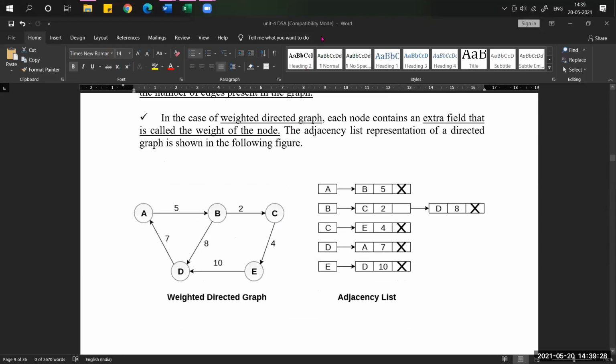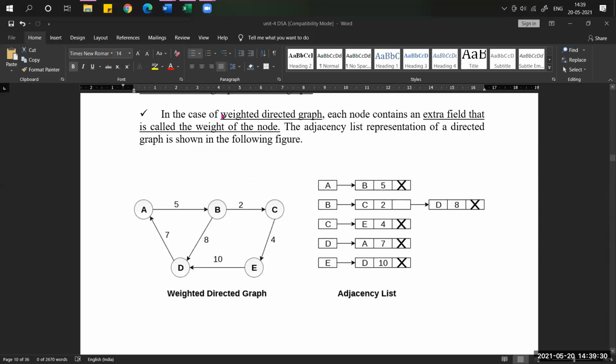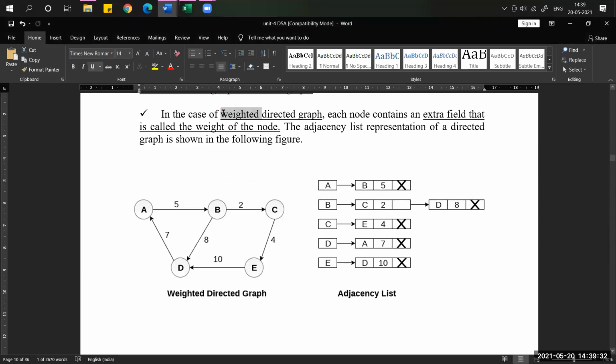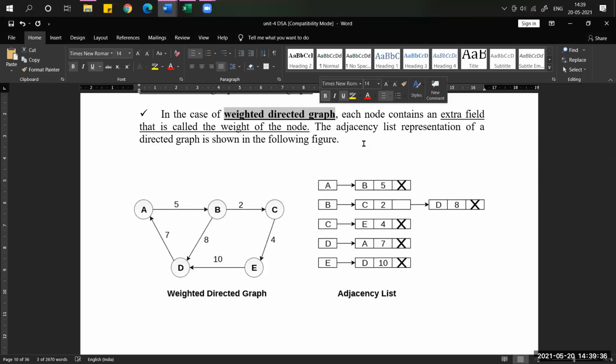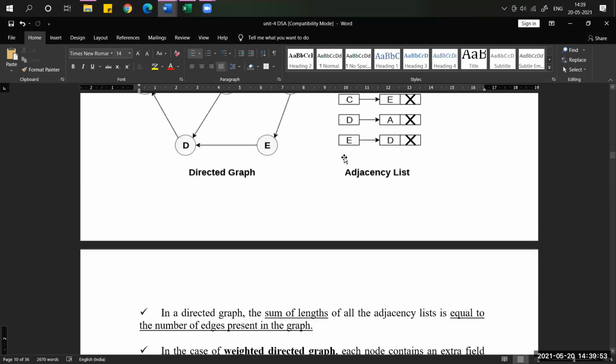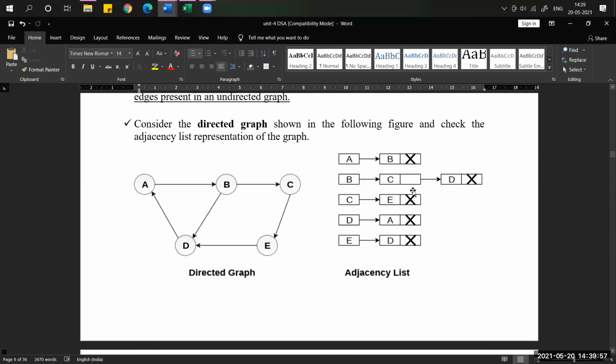And the last type of graph is the weighted directed graph. We just discussed the weighted directed graph in the case of the sequential representation. Here we are talking about the linked representation, so we have to take the adjacency list. If you take directed or undirected, every node has only two fields.